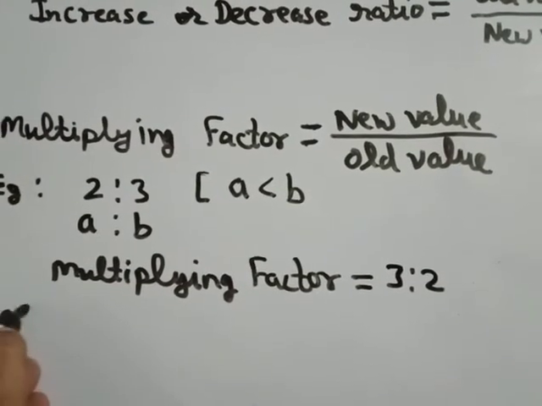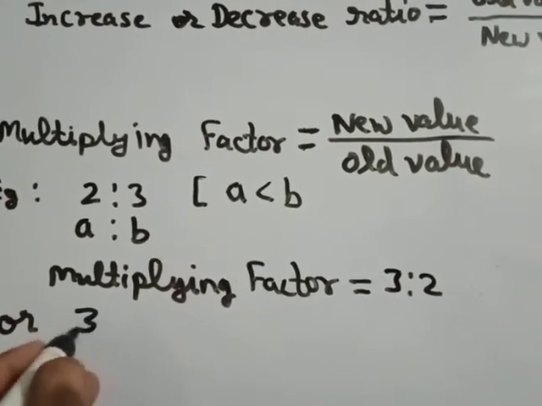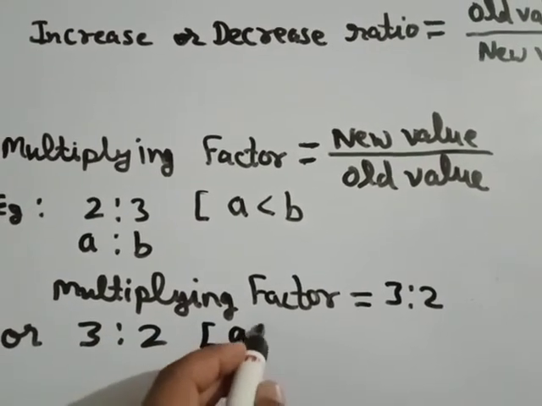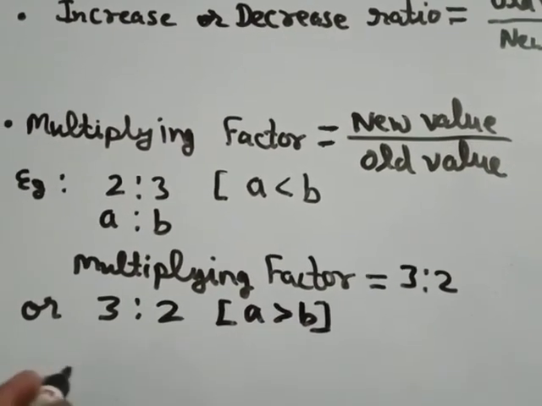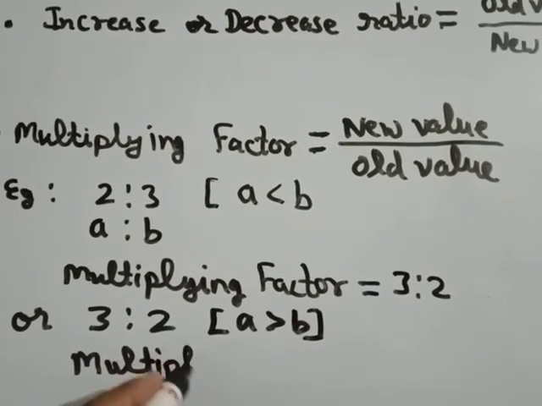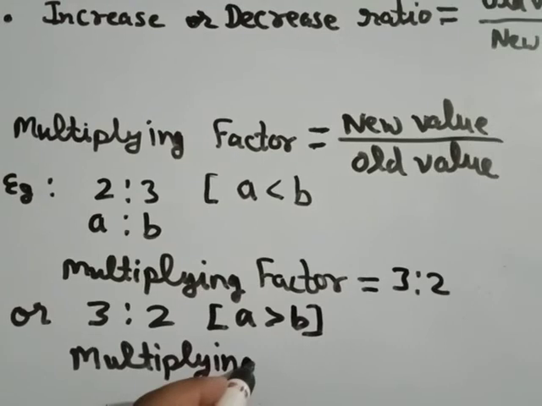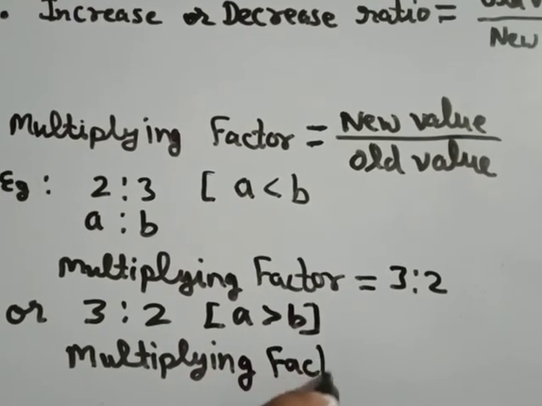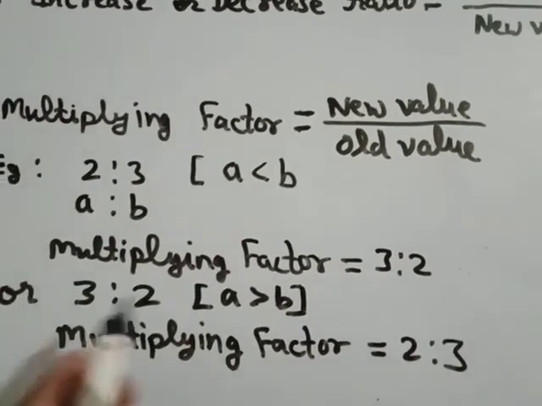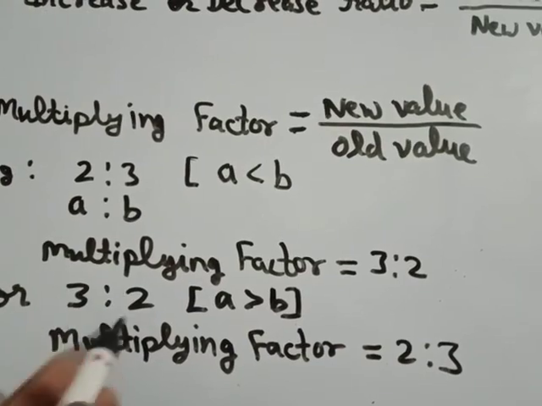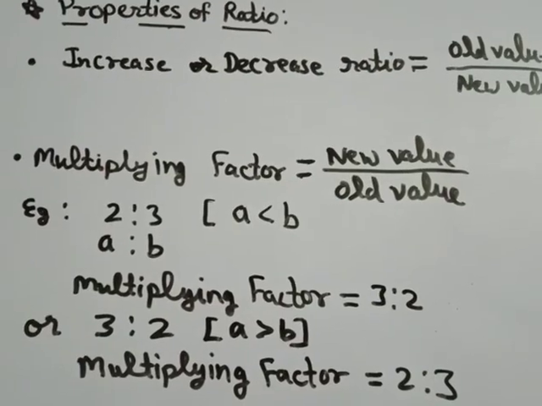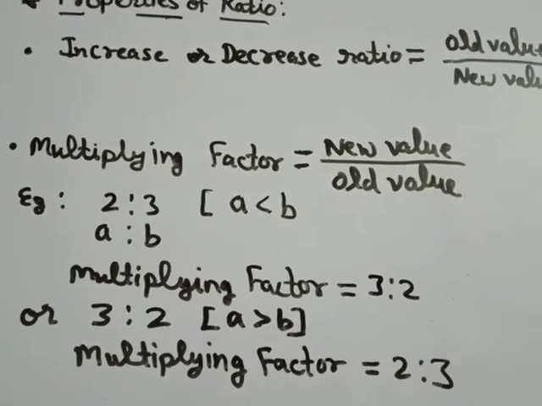Or if antecedent is greater than consequent, meaning A is greater than B, then the multiplying factor will be 2:3. Just reverse their order. By this we can understand the increase or decrease ratio with multiplying factor.